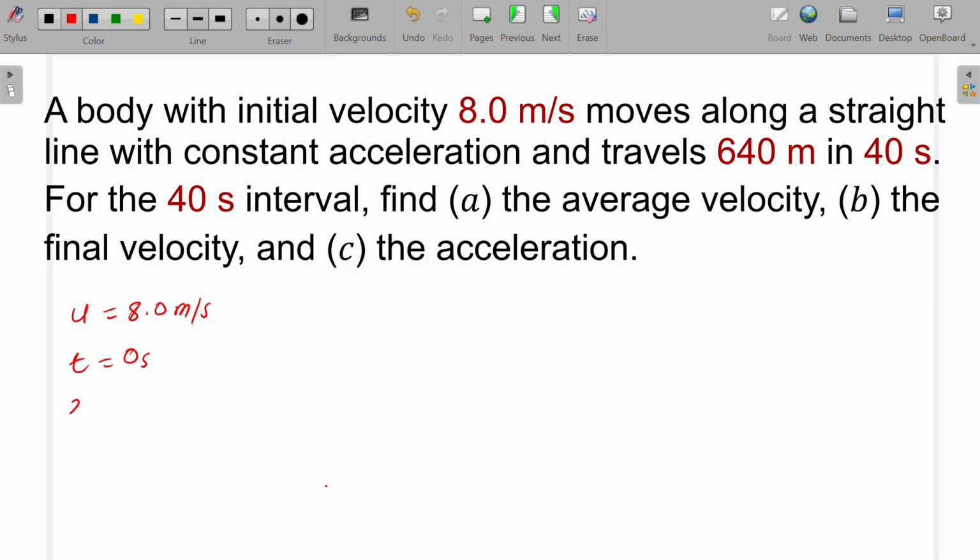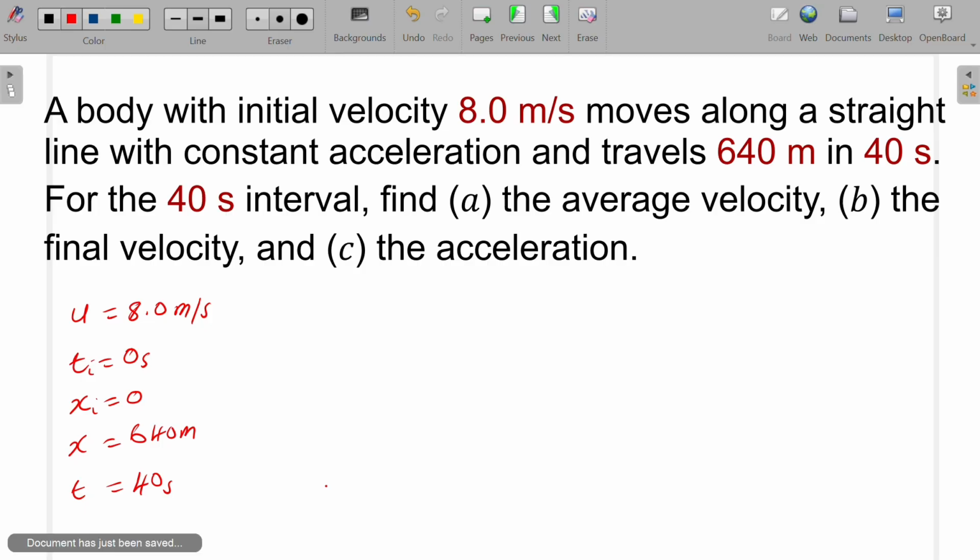And then the position at this point was equal to 0. We didn't cover any distance by this time, so we'll call x1 to be 0 and also t1 to be 0. After changing position from 0 to 640 meters, we're told the time changed to 40 seconds. So this is basically the information we're given.